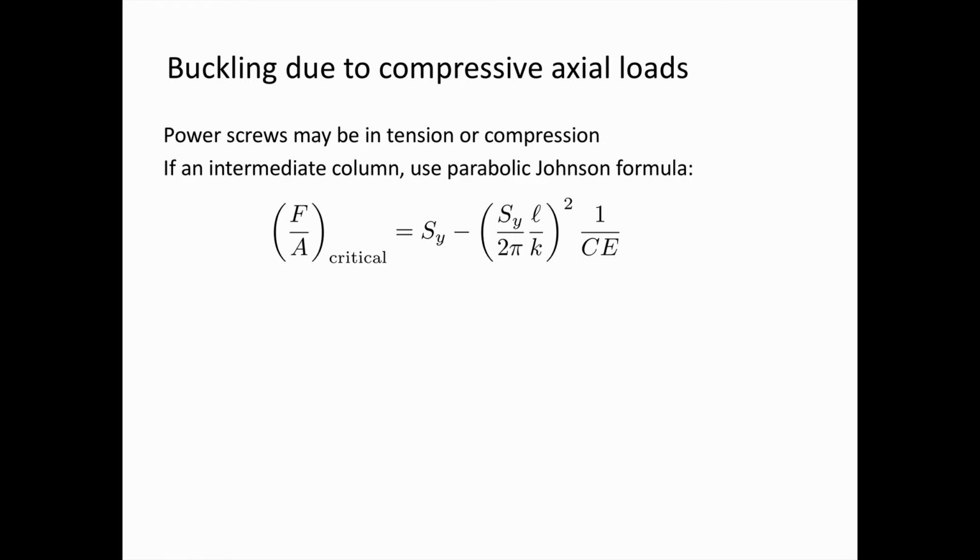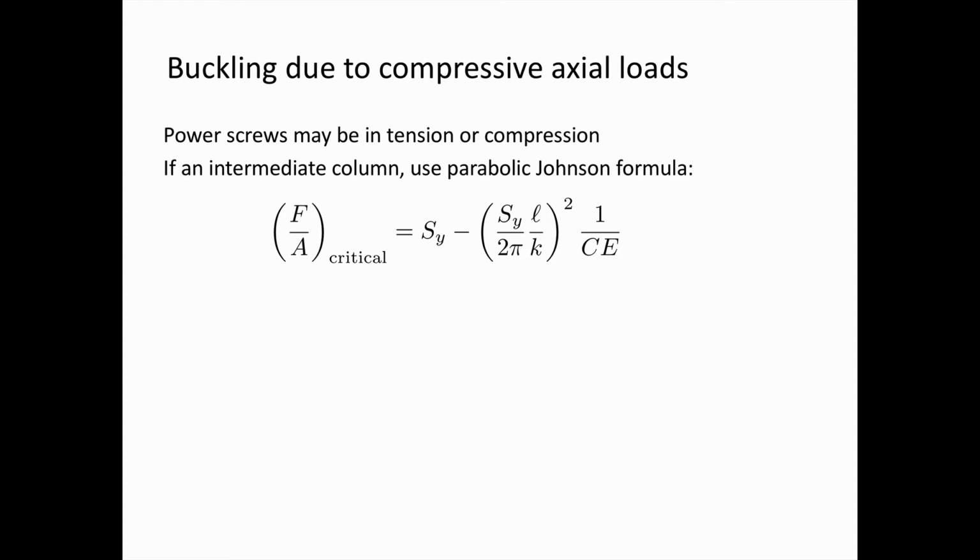Another important failure mode is buckling due to compressive axial loads. Of course, if it's only in tension, we don't need to worry about buckling, but power screws could also be in compression. Often these may be an intermediate column, meaning, if you recall, that buckling is due not just to elastic instability, but also there's some yield going on.